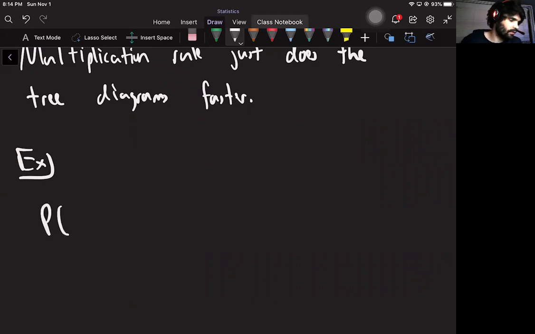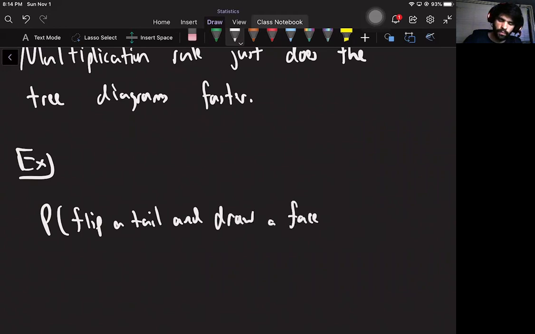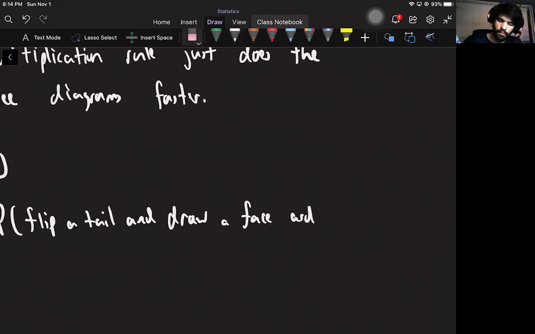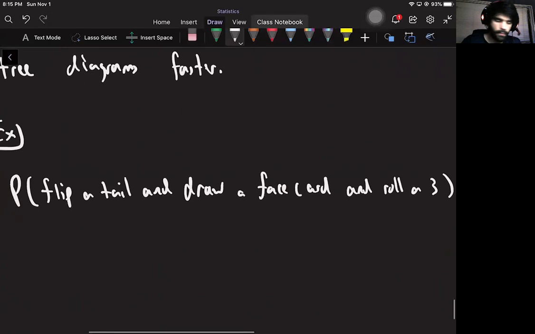So for example, if I want to find the probability of, let's see, I'll flip a tail with a coin, and then I will draw a face card from a deck, and then I will roll a 3 from a dice. So I'm doing 3 events now.